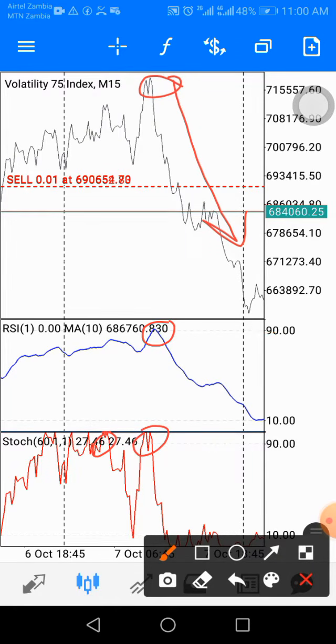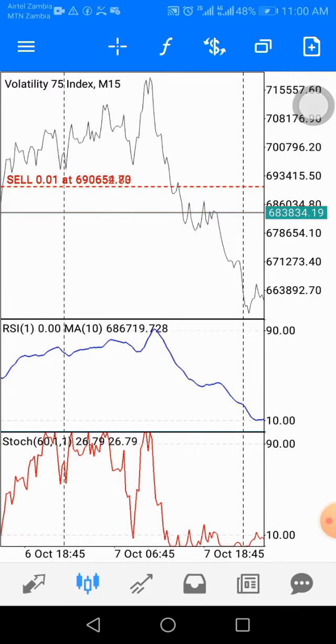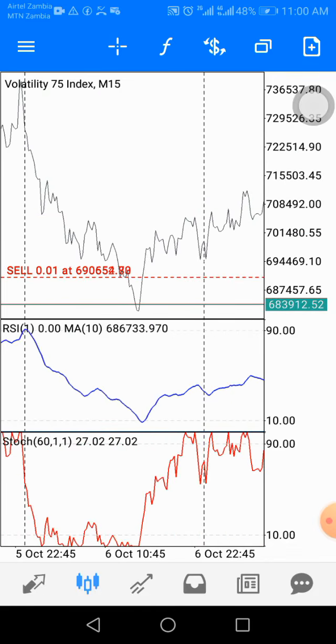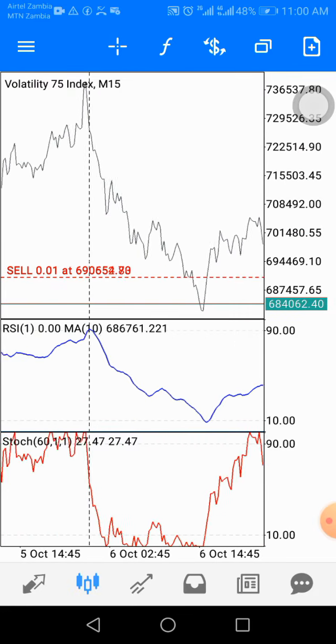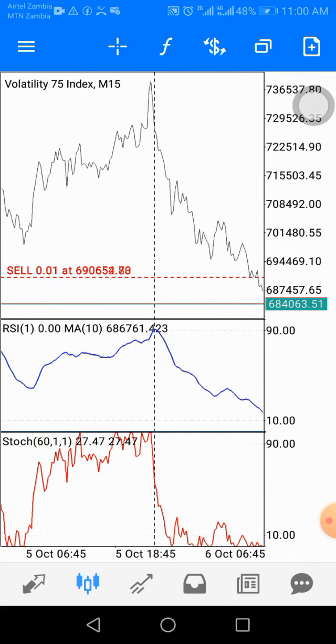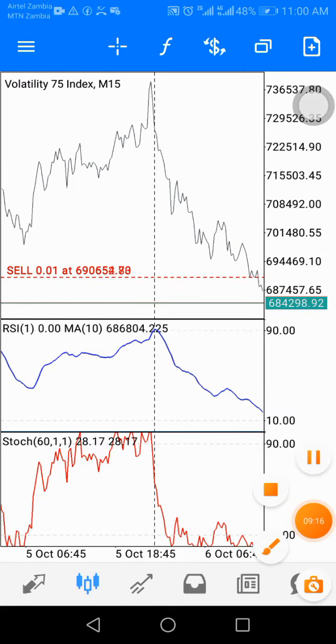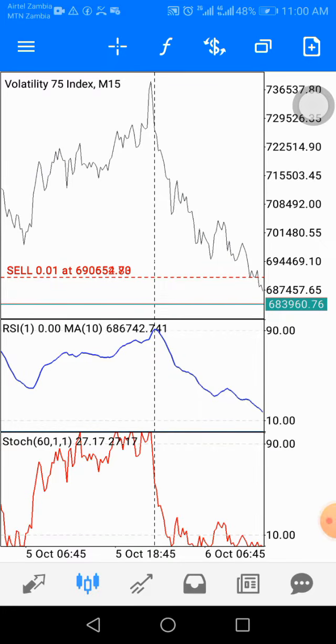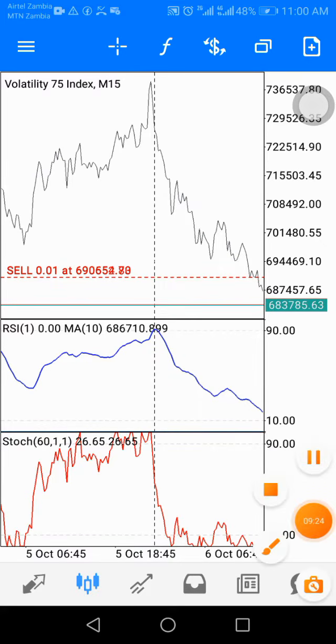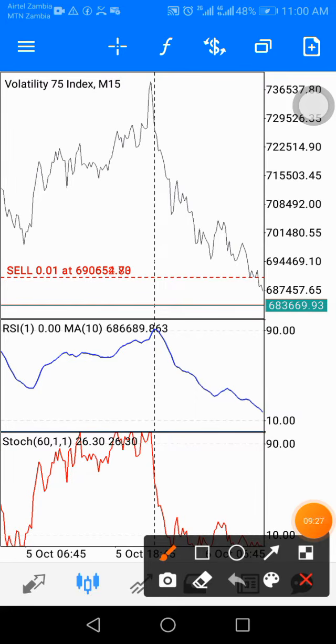Okay, so I'm going to show you guys when this happened again, because it happens very, very frequently. If you come back down here, as you can see, this is 6th October. Below here there's 5th October and then the 6th. So I'm just going back to show you that it happens frequently. As you can see again, the spike happened here.